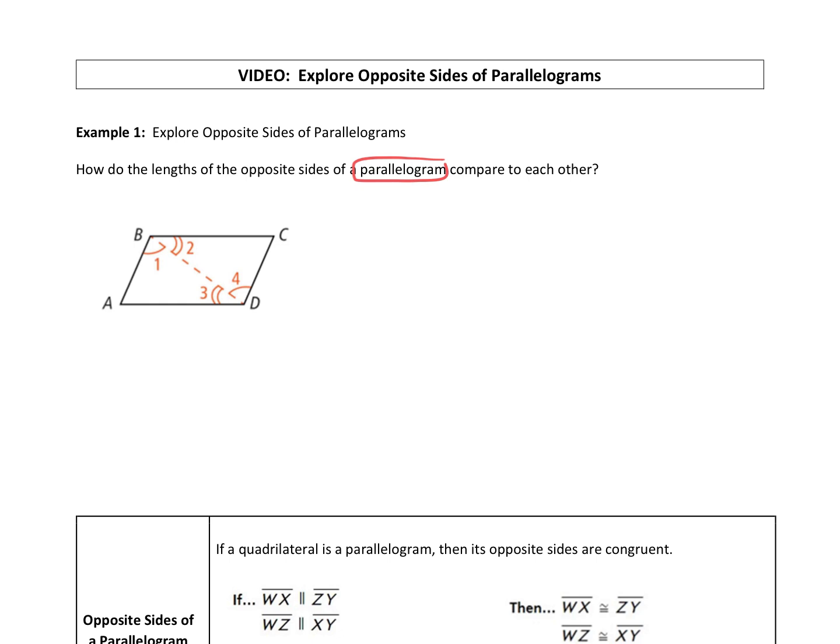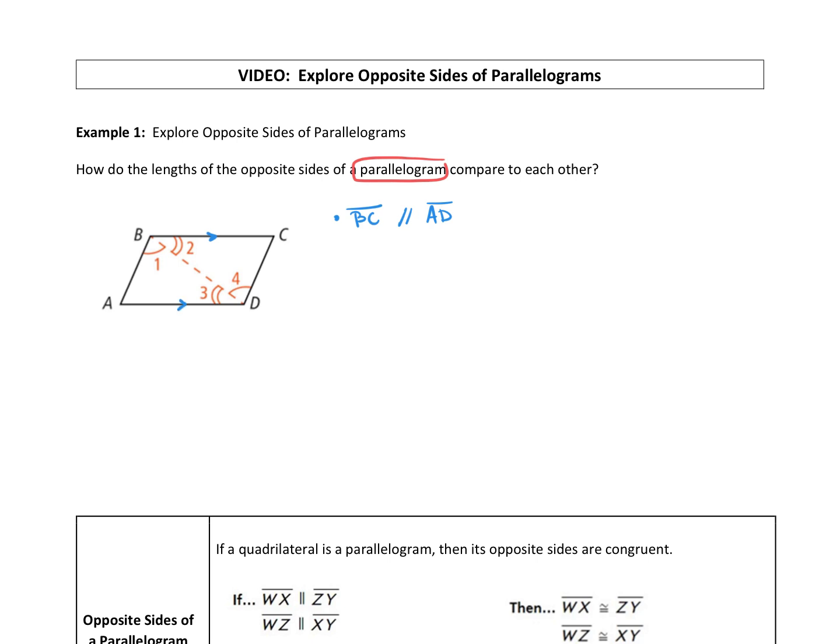Well, let me tell you, there are some exciting things. So opposite sides are parallel. Let's take a look at BC. Side BC is parallel to side AD. And what does that do for us? So here's BC parallel to AD.